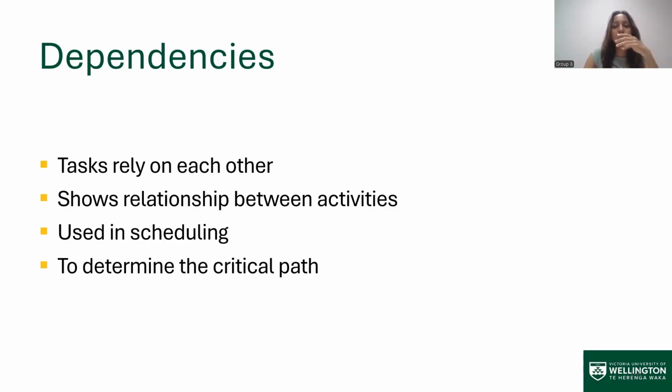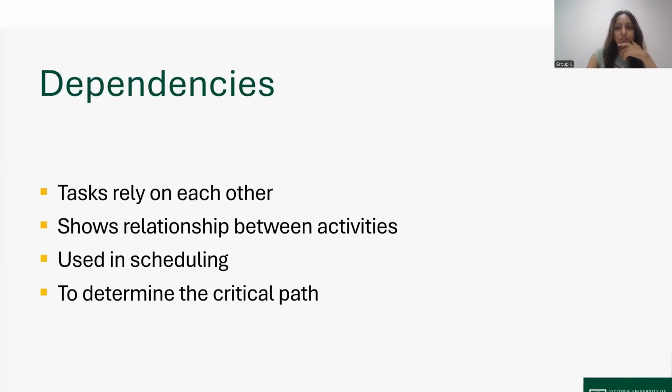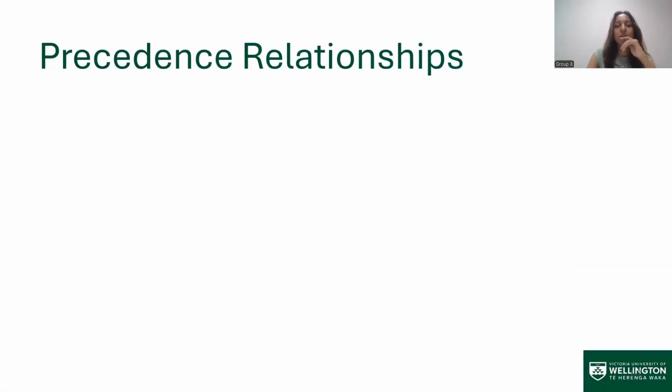So basically it is essential to understand the relationship between these activities, and that is needed in the project scheduling that we discussed. So these tasks can be scheduled according to how many tasks are dependent on which particular tasks, or which has to be completed in order for the next task to be done. It is also necessary for us to understand dependencies to determine the critical path. Critical path we'll be discussing further in the presentation.